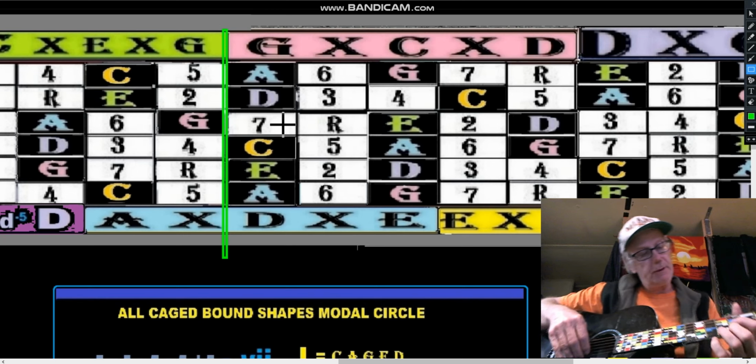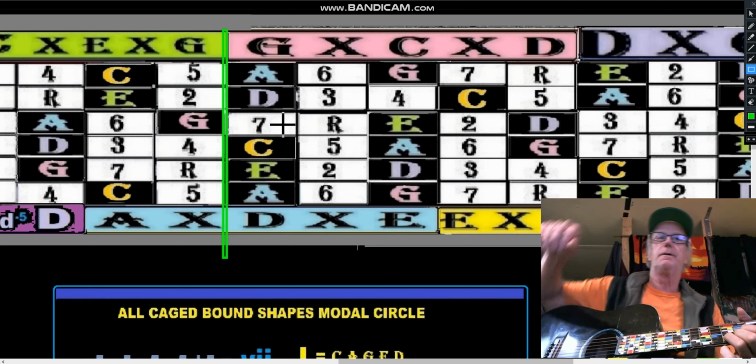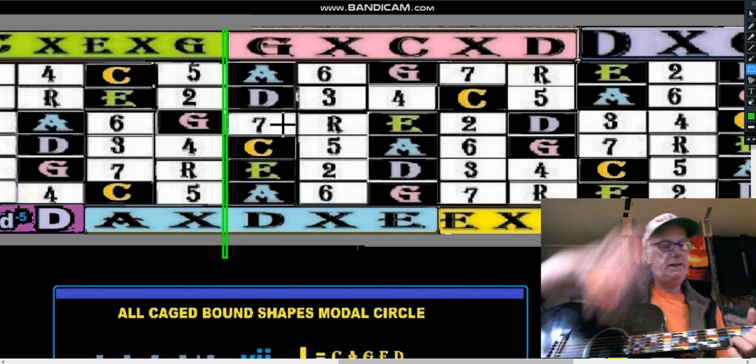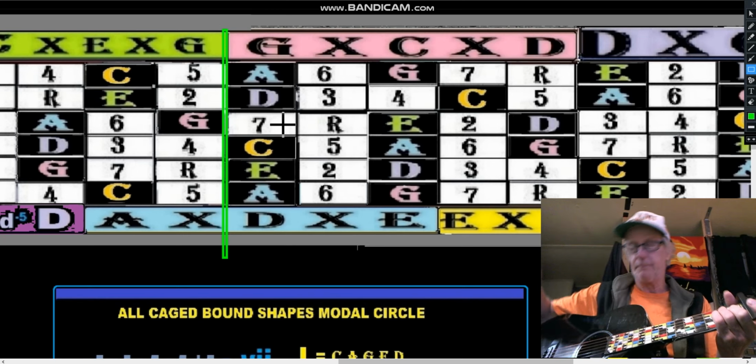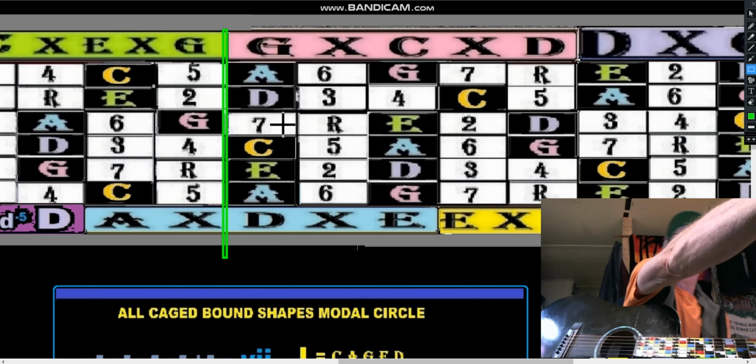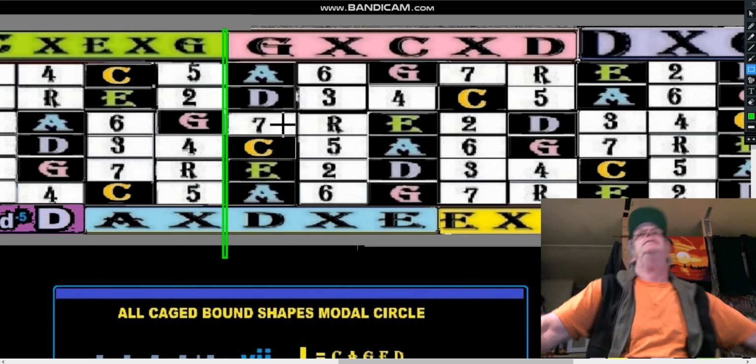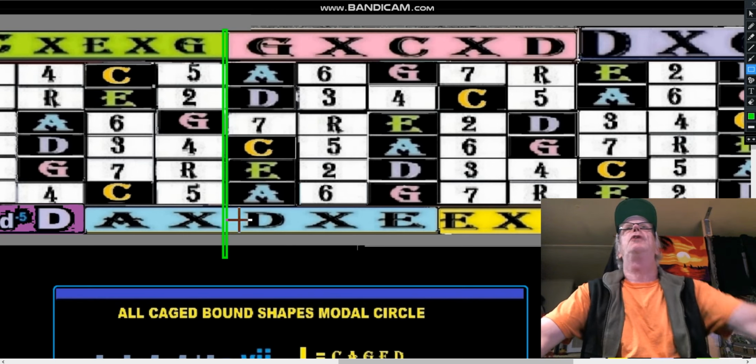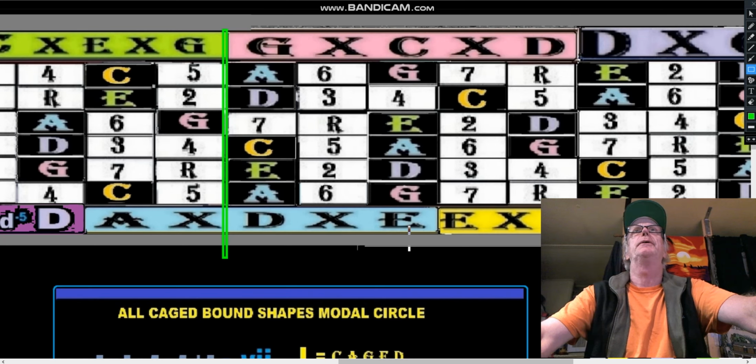And then same thing with the D is second inversion. And then E is second inversion. Okay? So that's the tripentatonic banner.